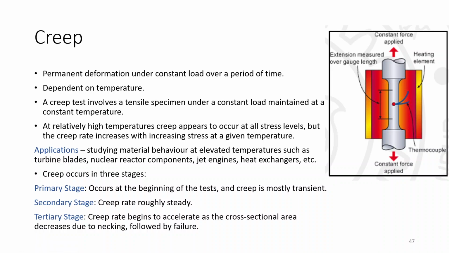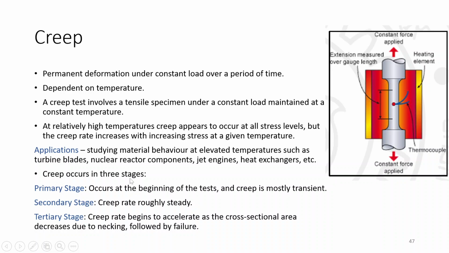At relatively high temperatures, creep appears to occur at all stress levels, but the creep rate increases with increasing stress at a given temperature. Application: it's for studying material behavior at elevated temperatures, such as turbine blades, nuclear reactor components, jet engines, heat exchangers, etc.